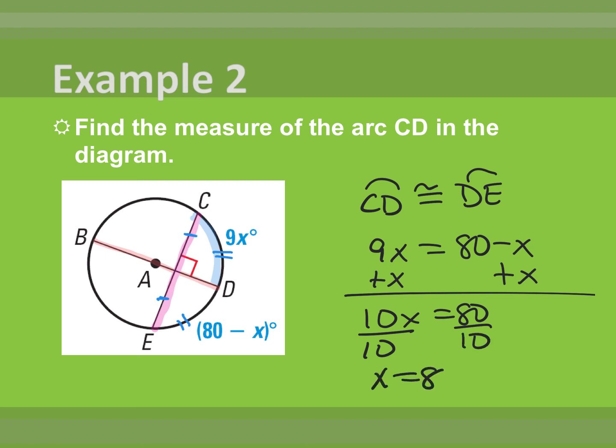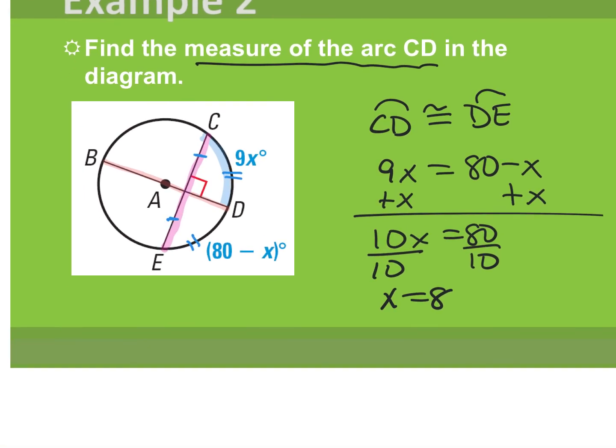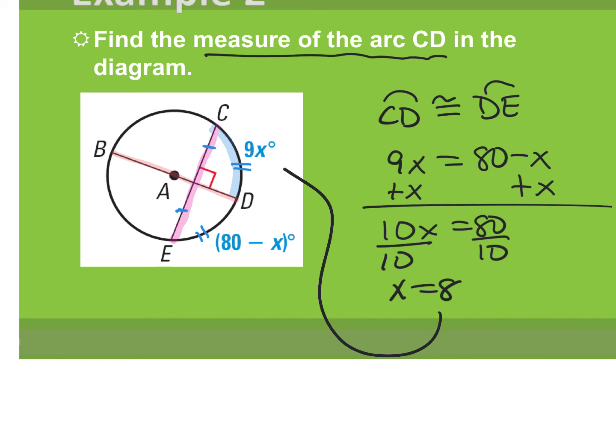Now it didn't ask for just x, it wanted us to find the measure of arc CD. So now I need to take this 8 and plug it into the 9x. So CD was equal to 9x, so 9 times 8, and arc CD equals 72 degrees.